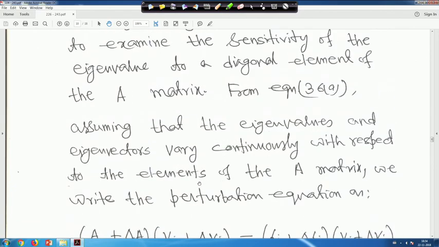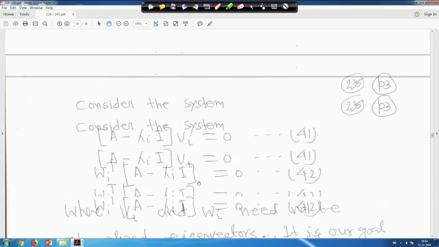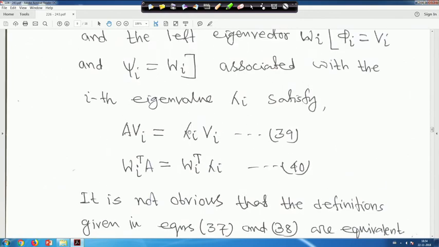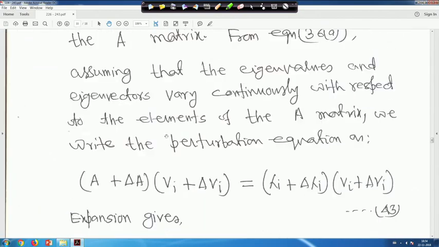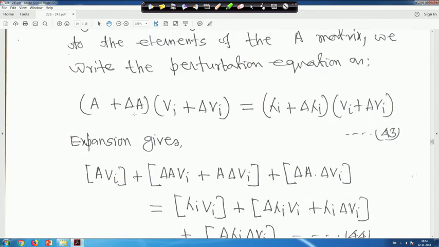This equation 39 can be written as (A plus delta A) into (v_i plus delta v_i) is equal to (lambda_i plus delta lambda_i) into (v_i plus delta v_i), a small perturbation.